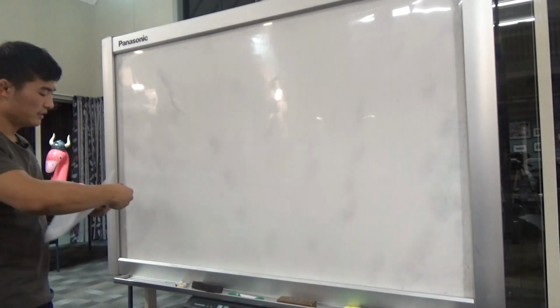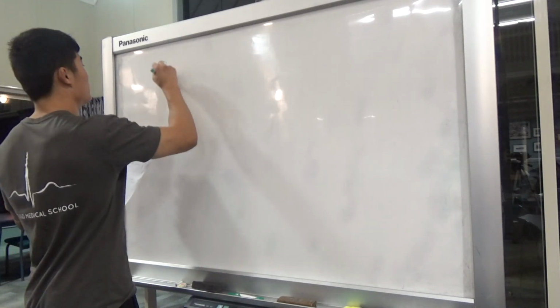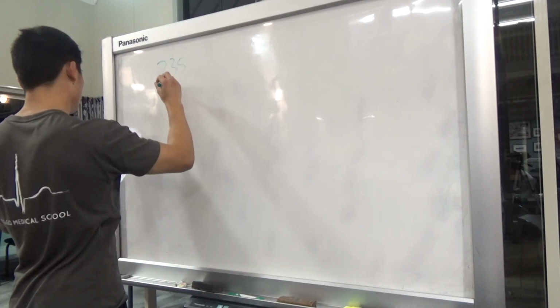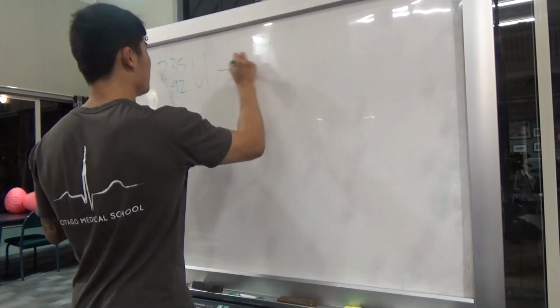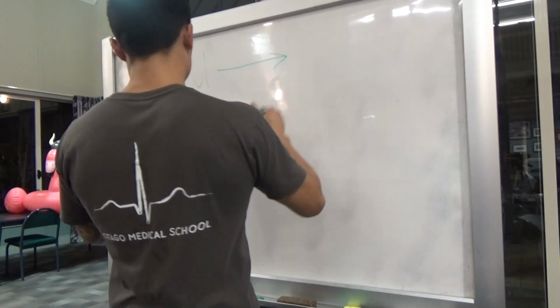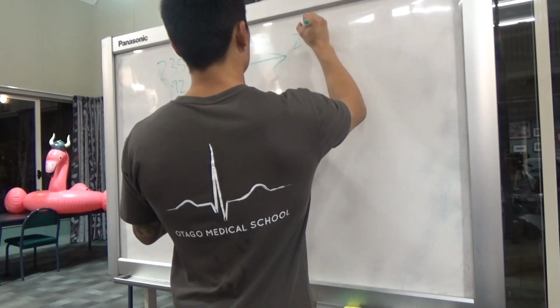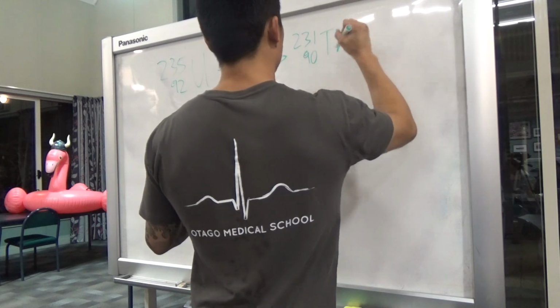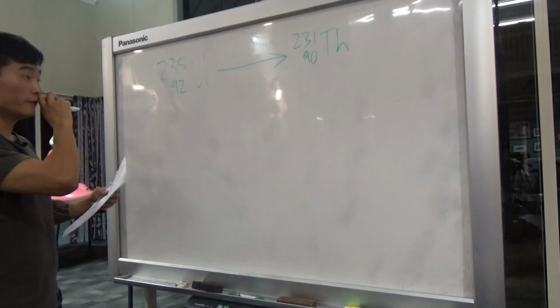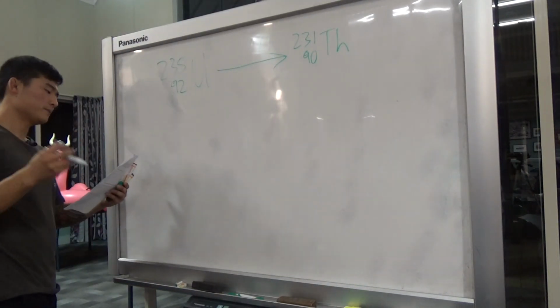So we've got uranium, mass number 235, atomic number 92, going to thorium, 231 and 90. So we want to find out what sort of decay this is.